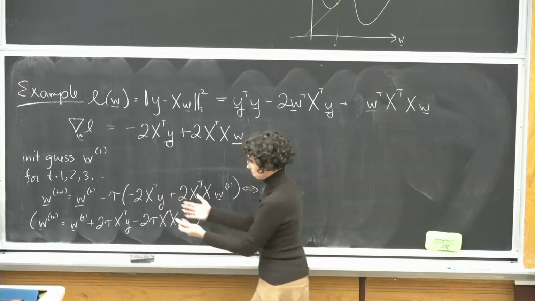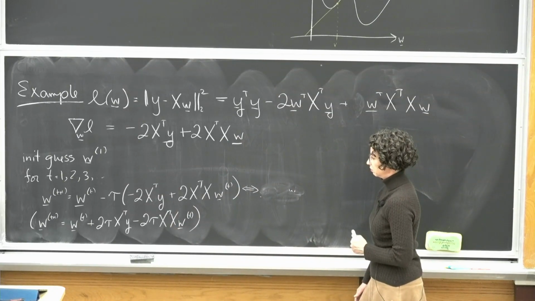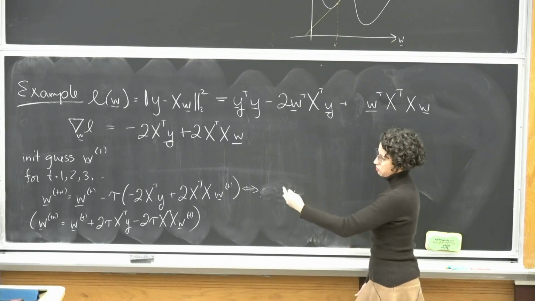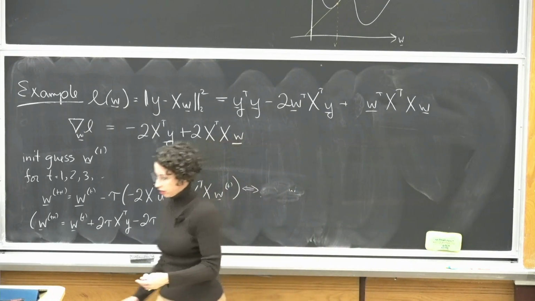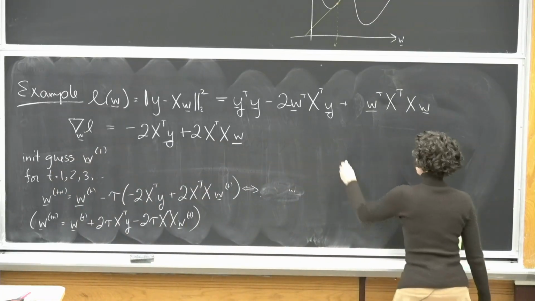And then if W_t and W_{t+1} are sufficiently close, we would stop. Okay, so this is something that we talked about before, and now we have this much more general expression for gradient descent.